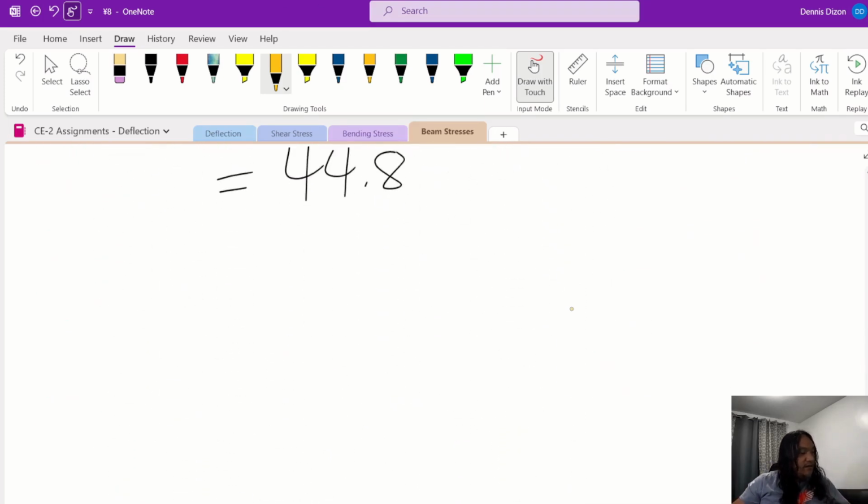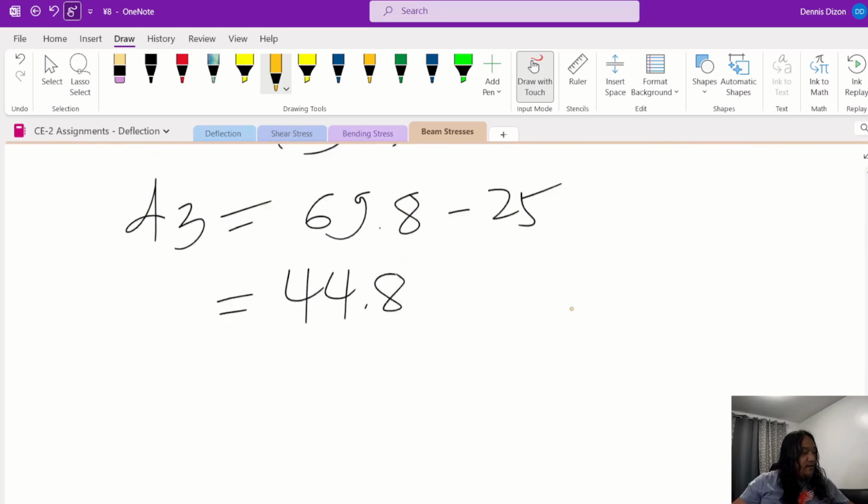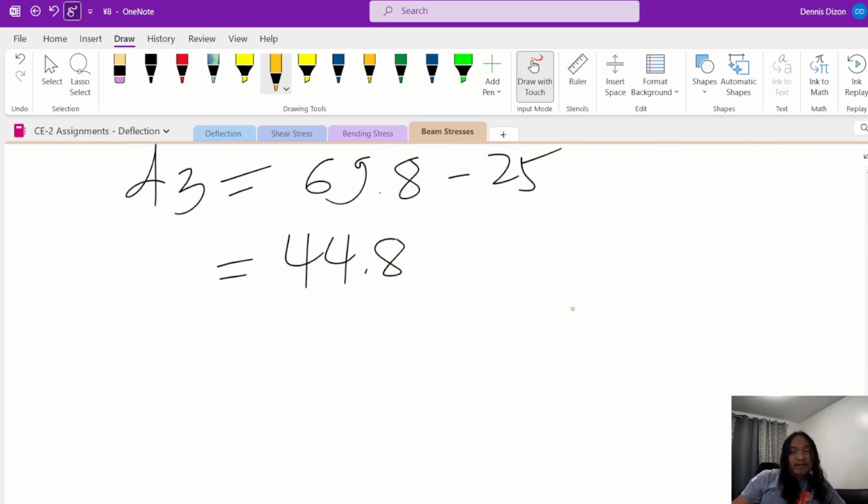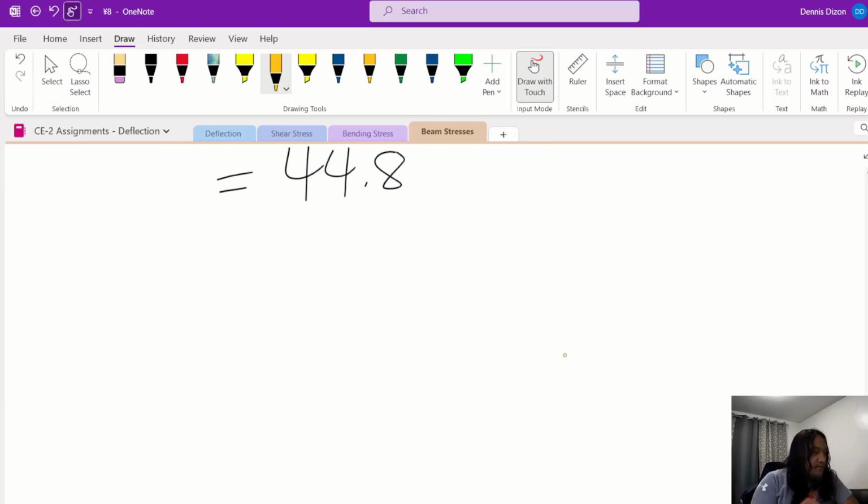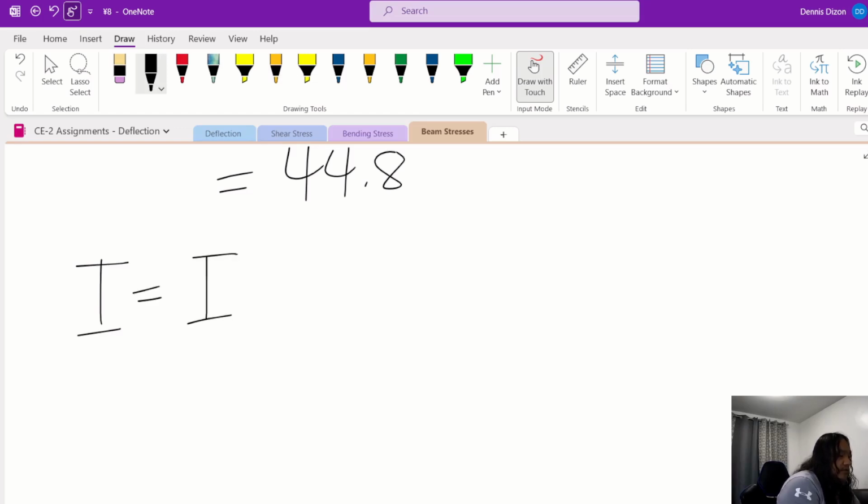So we will now solve the transfer moment of inertia because it is a hollow section. Now I is equal to the centroidal moment of inertia plus area times d squared.